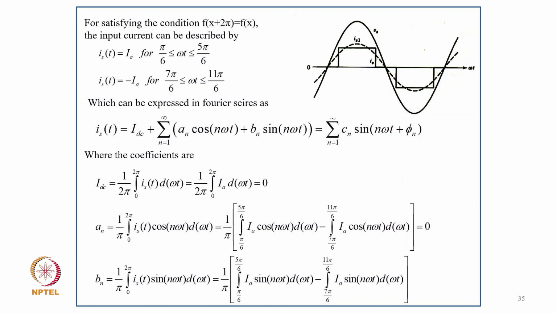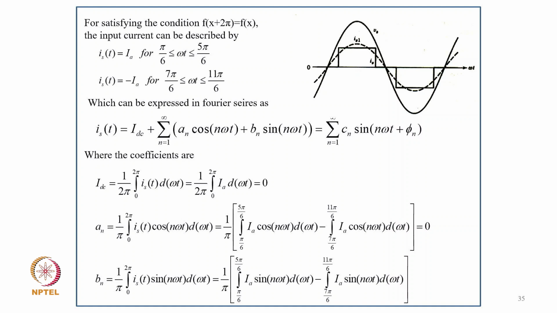So you can call it your DC component, or the A0 Fourier coefficient on the AC side, is 0. And An = (1/π) ∫ from 0 to 2π of Is cos nωt dωt.